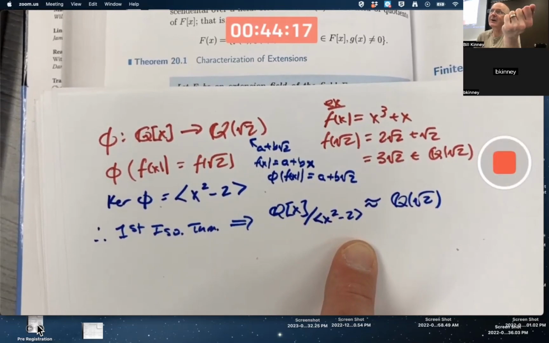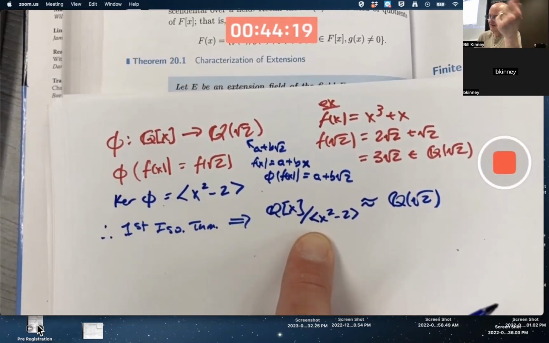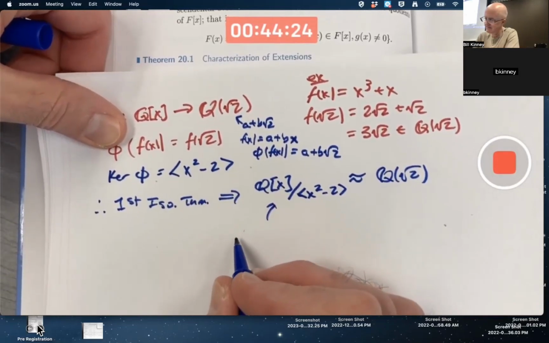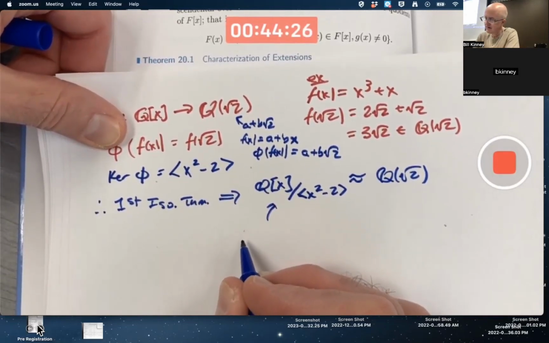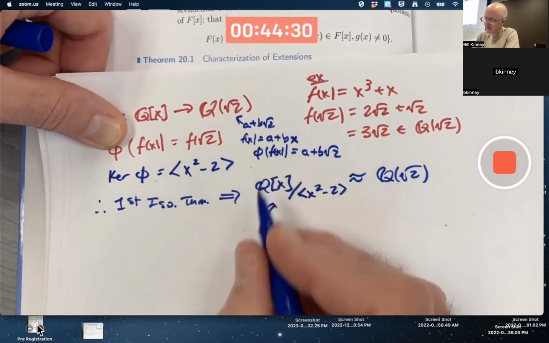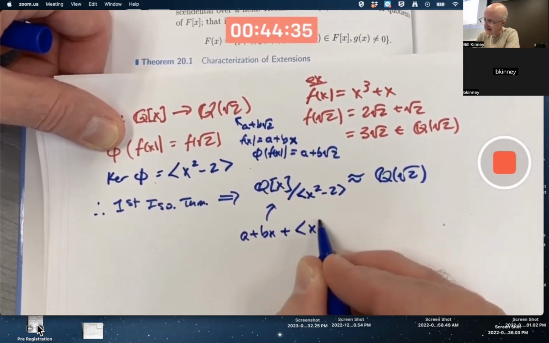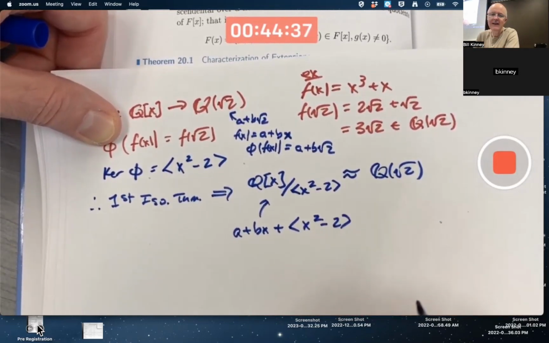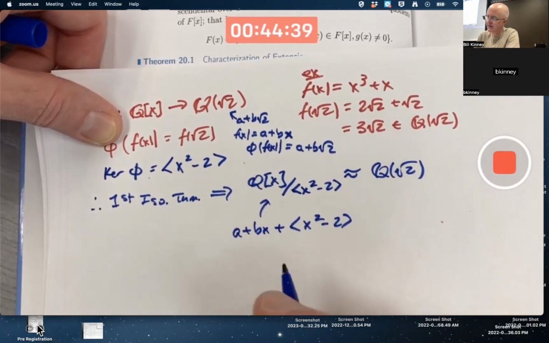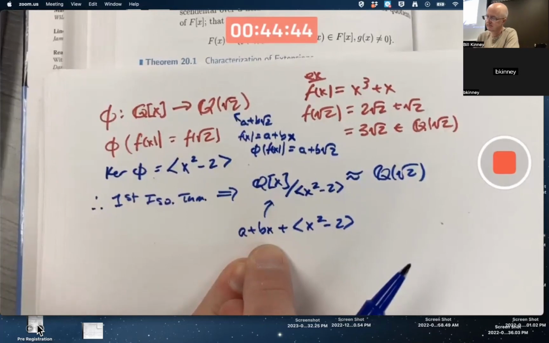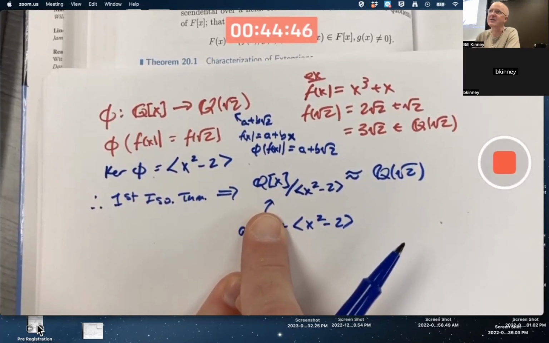And as I emphasized on Wednesday, even though the elements of this are cosets of the form, well, maybe to be consistent with this notation, a plus bx plus the ideal, it's natural to think of all the cosets where b is 0 as being rational numbers, even though they're technically not.